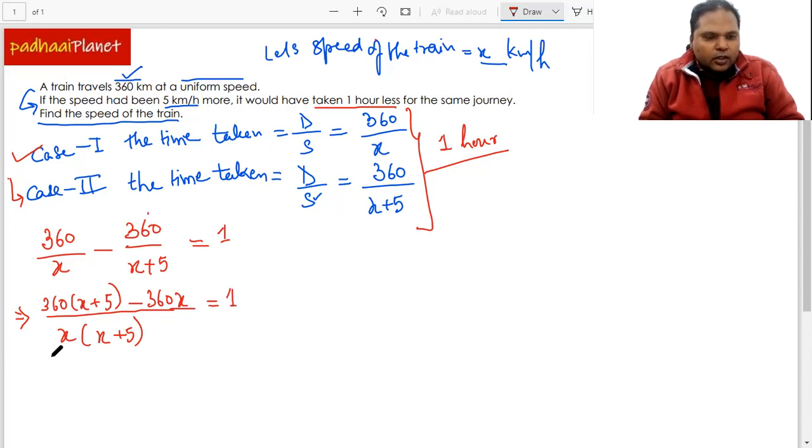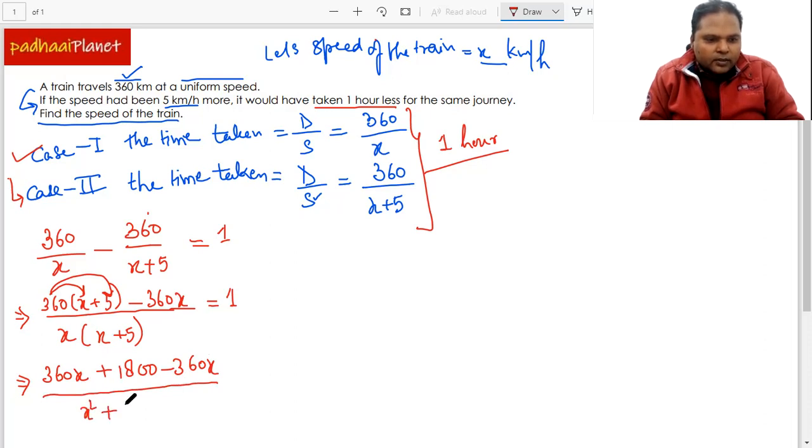Now let's further simplify it. 360 will be multiplied with x and with 5 also, so what we will get here is 360x plus 1800 minus 360x, divided by x square plus 5x, and the whole of it is equal to 1.